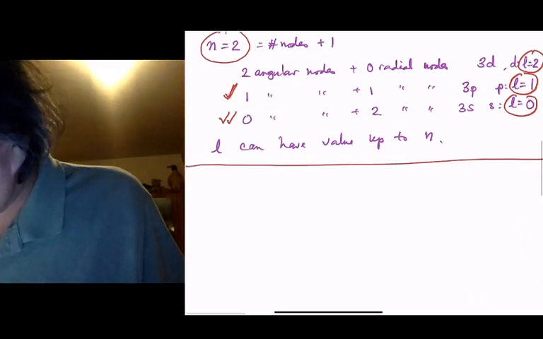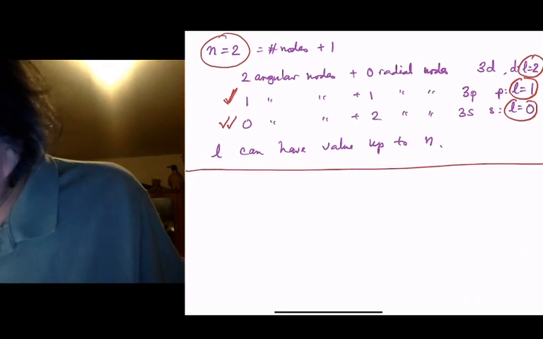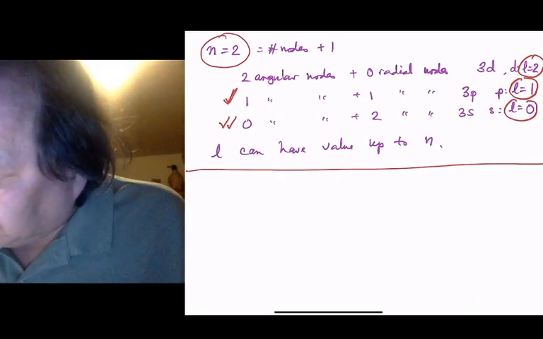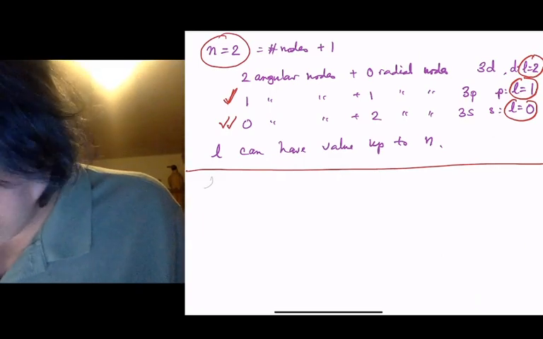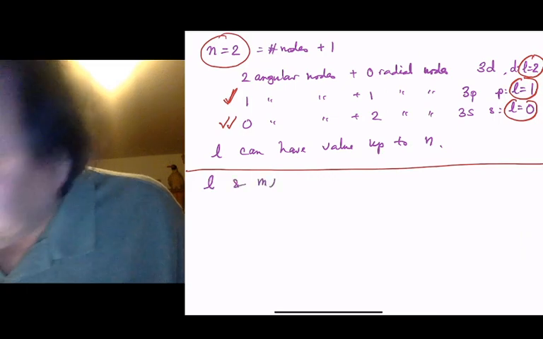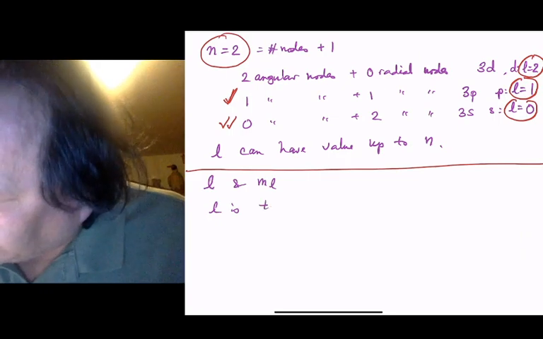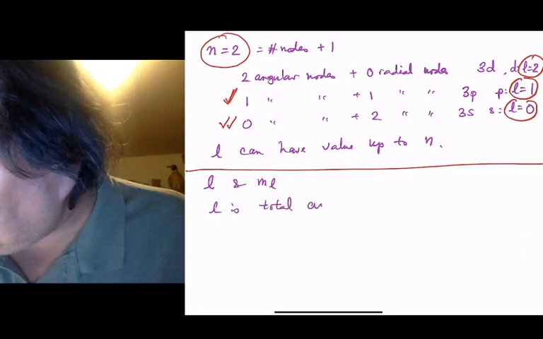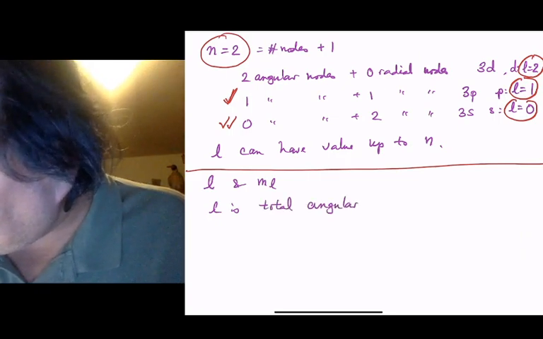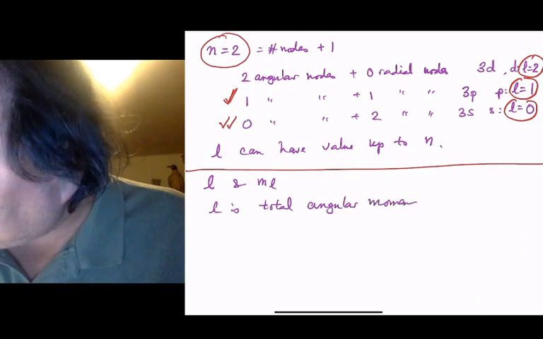Next case. What is the relationship between L and ML? L is the total angular momentum quantum number.